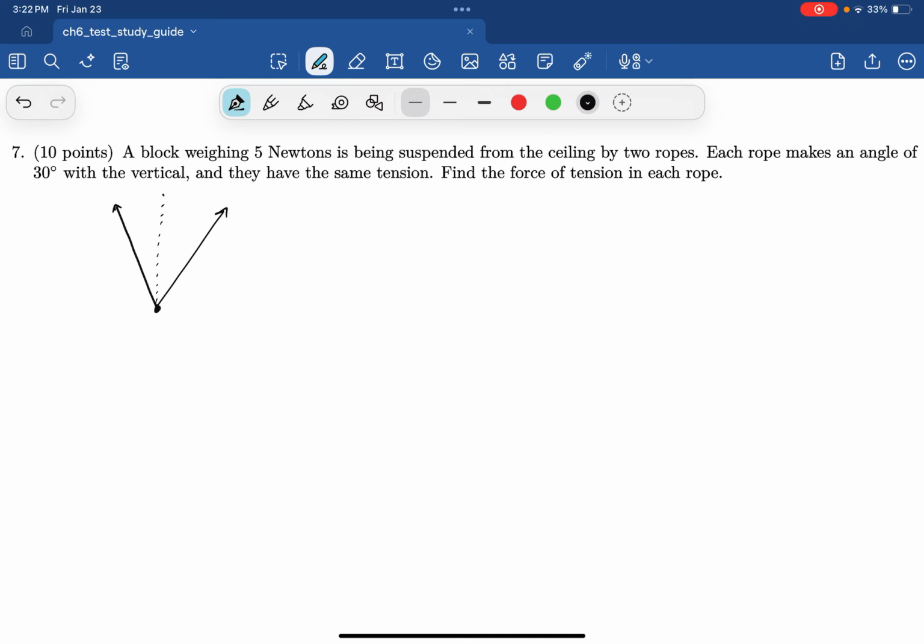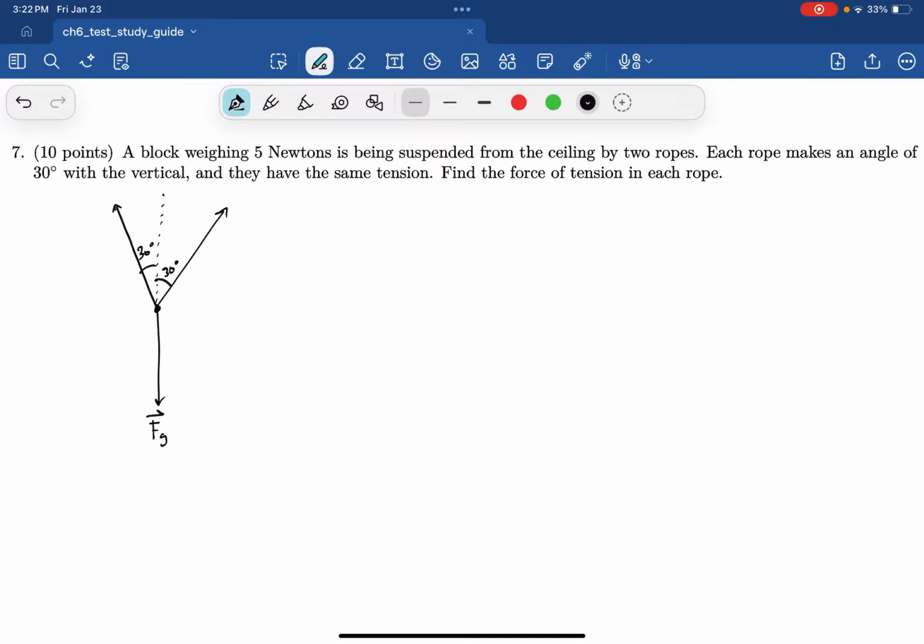And each rope makes an angle of 30 degrees with the vertical. So this angle is 30, and this angle is 30. Okay, and when it says it weighs 5 newtons, this is quite important, that essentially tells us that there's also a force of gravity that pulls downwards with a force of 5 newtons.